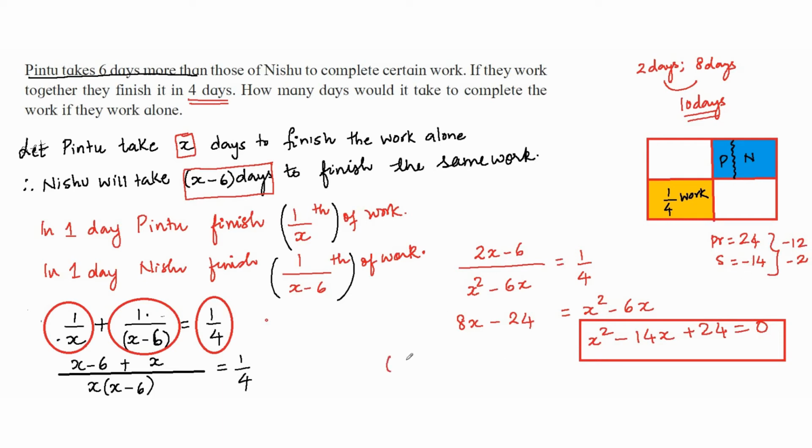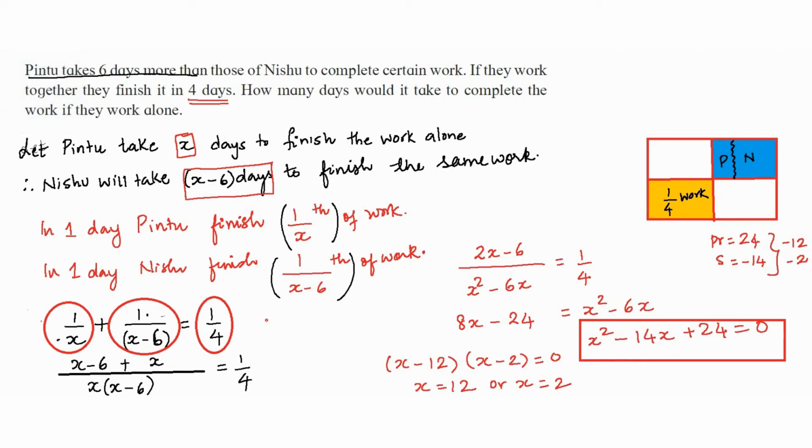So this factorizes as x minus 12 multiplied by x minus 2 is equal to 0, which means x is either 12 or 2. There are two possible values for x. Let's see which of them is right. Suppose x equals 12, so let's take the case when x is equal to 12.